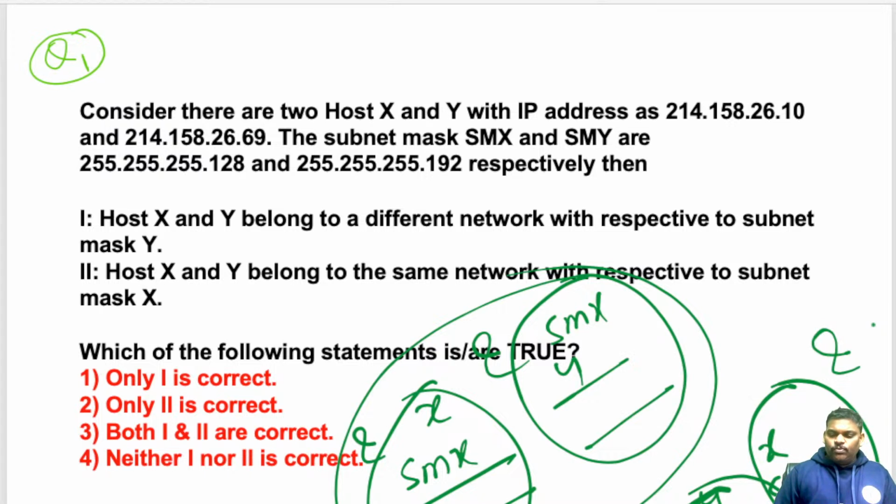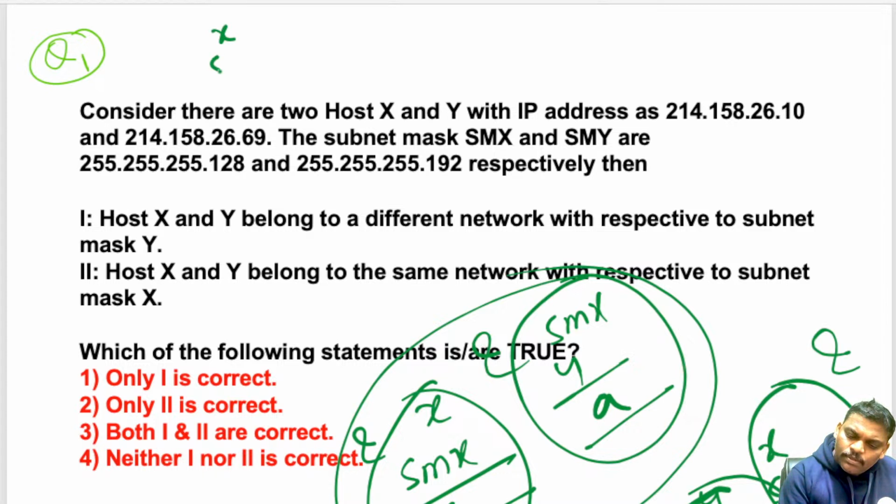Suppose, assume, with the SMX I did X and I did Y also. Assume that these two results are A. It means with respect to SMX, X and Y belong to the same network. Suppose these two are B. It means with respect to SMY, X and Y belong to the same network. So I am doing it once again.